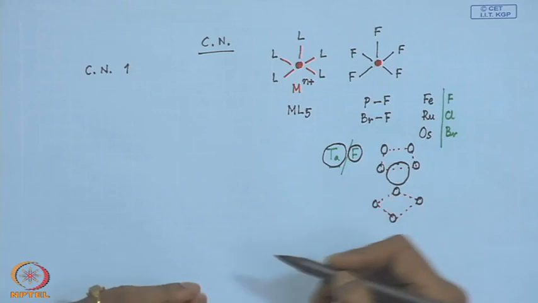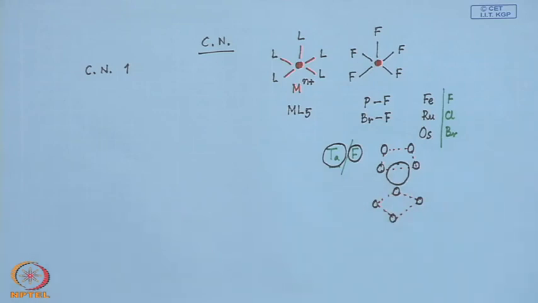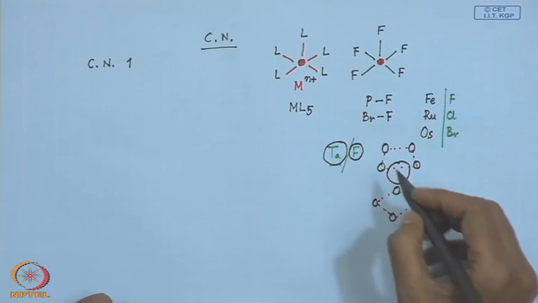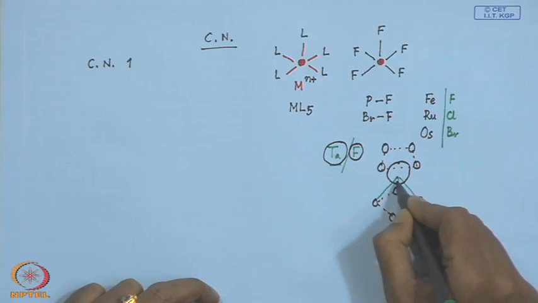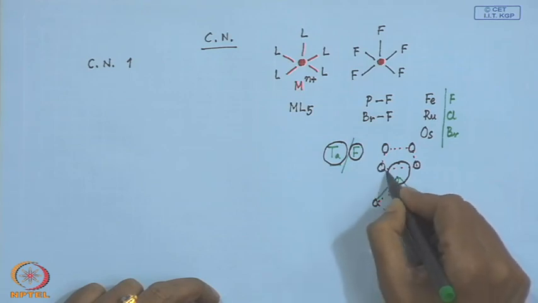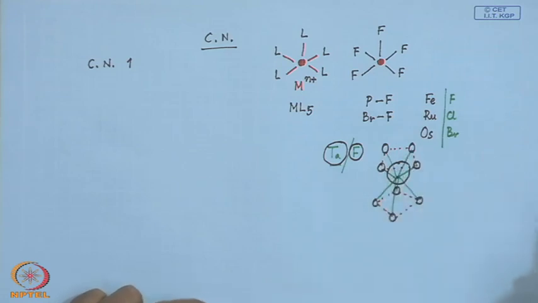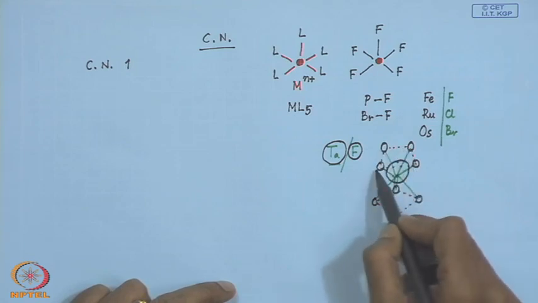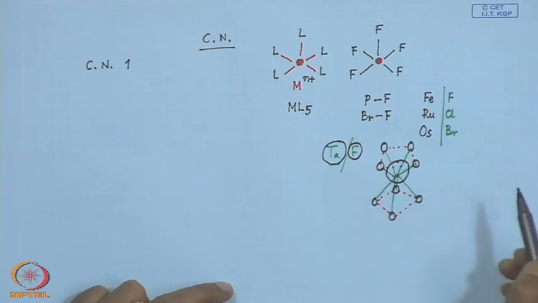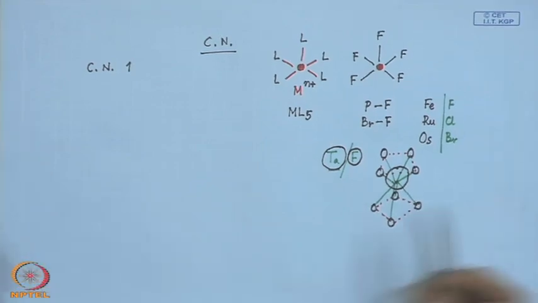We have to consider all of them as binding to the central element. So we can have a coordination number of 1, 2, 3, 4, 5, 6, 7, 8. In this way we go from one level to the other and see how they are involved in the coordination numbers of different elements.